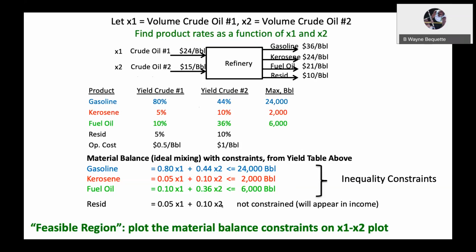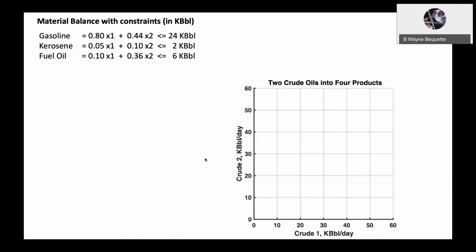Now, what you want to do is construct a feasible region by plotting the material balance constraints on an X1, X2 plot. Again, that's a nice thing about having two decision variables. So we're going to want to plot each of these three material balance constraints on an X1, X2 plot. And so that's what I've shown here on the lower right-hand side.